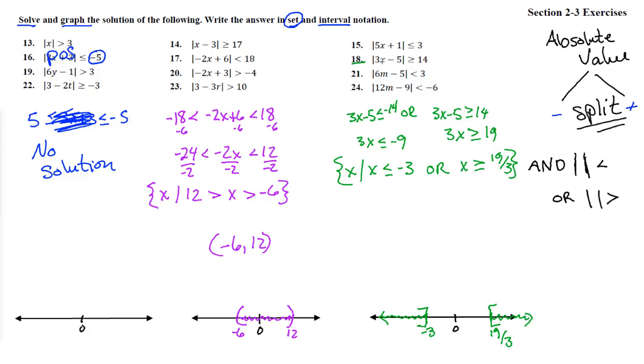So that means we're going to shoot off to positive and negative infinity, because we have to be outside of whatever criteria or fence exists there. So interval notation is from negative infinity to negative 3, including negative 3, union, meaning or, 19 thirds to infinity. There we go. Set, interval, and graph.